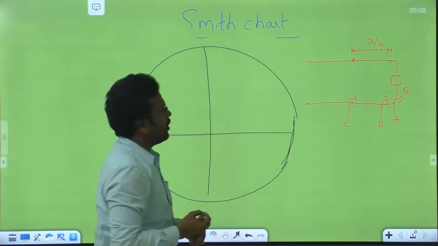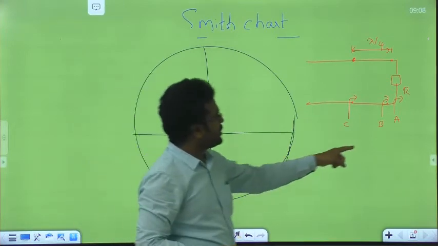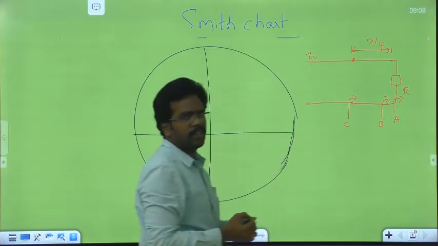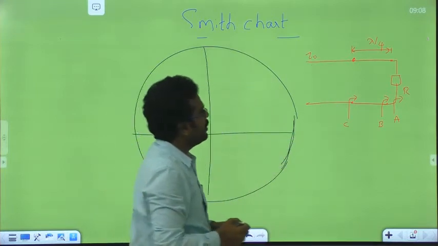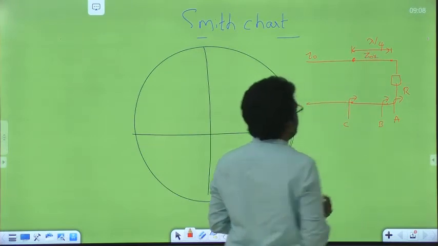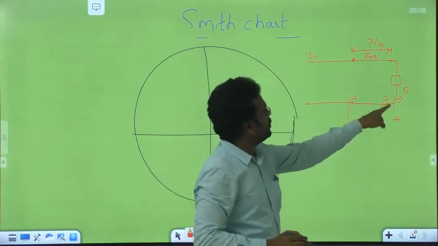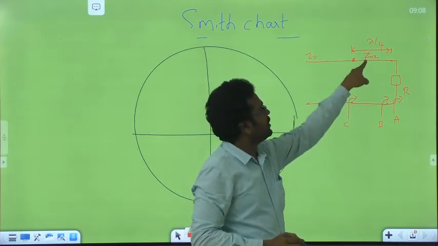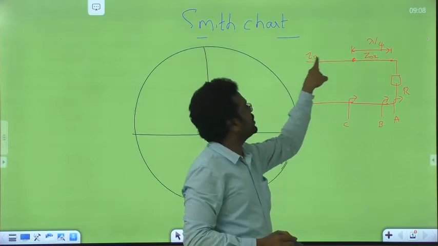Okay, what is the first step you have to do? Plot the normalized load impedance. Z0 is the characteristic impedance of the line, and what about this one? It is having the characteristic impedance Z0X. Okay, since load is connected to this transmission line, we should normalize this load with this characteristic impedance, not with this characteristic impedance.